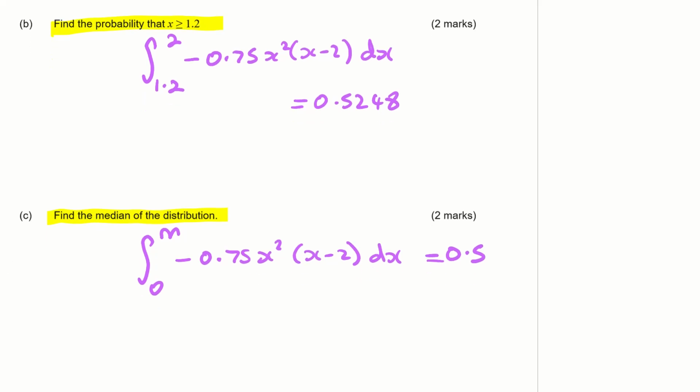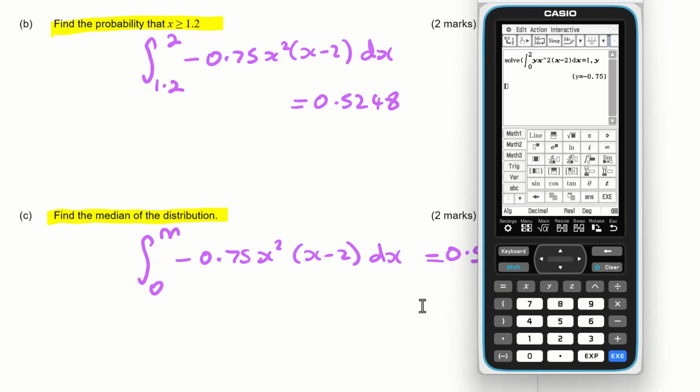Again, we can use the CAS for that. I might be able to edit this one. Let's put the y up there and replace that with the negative 0.75, and then we want that to be 0.5. We're already telling it we're solving for y, and it's got to be positive.